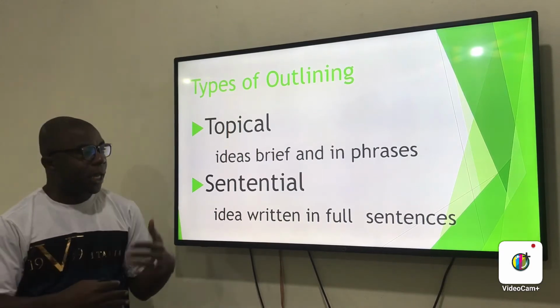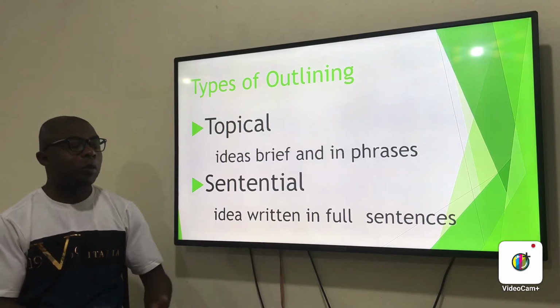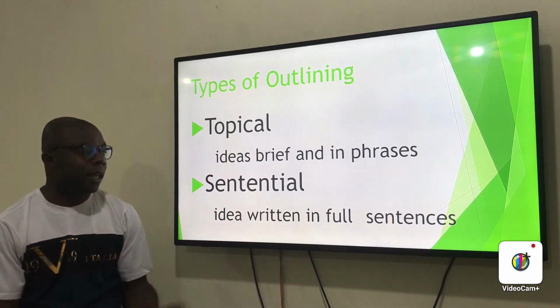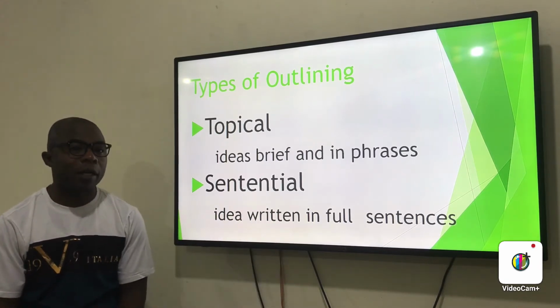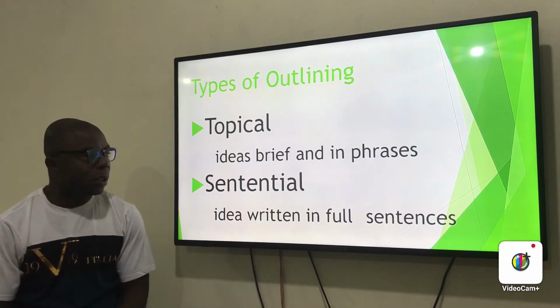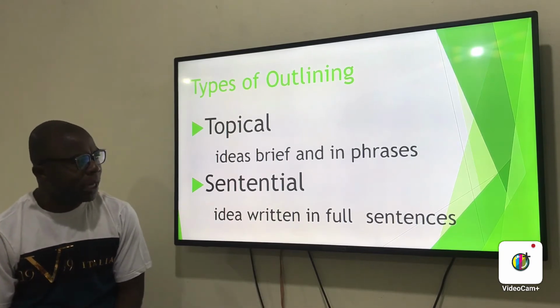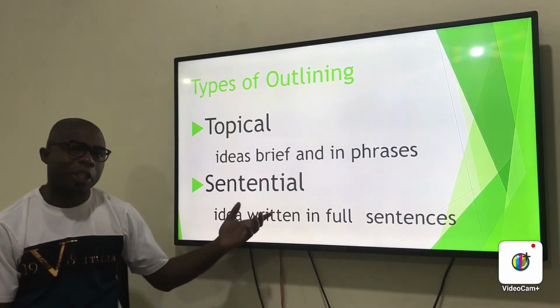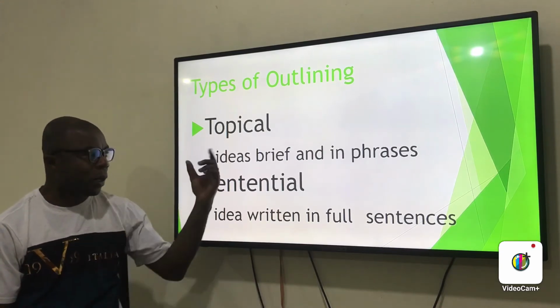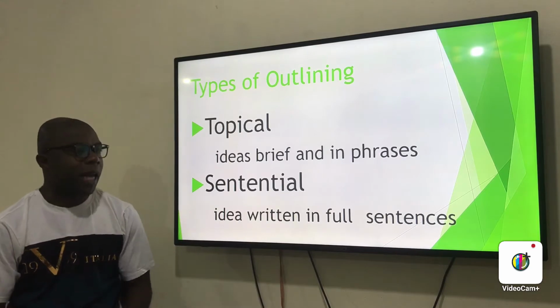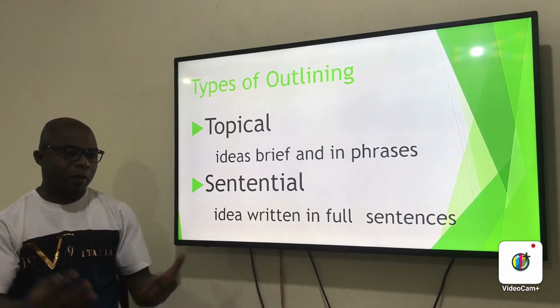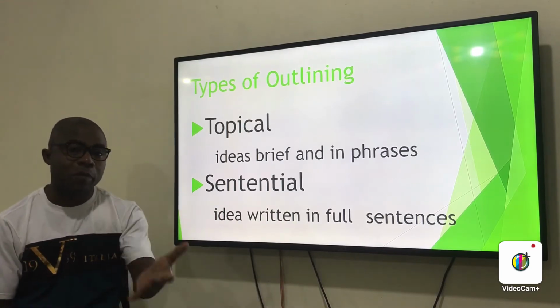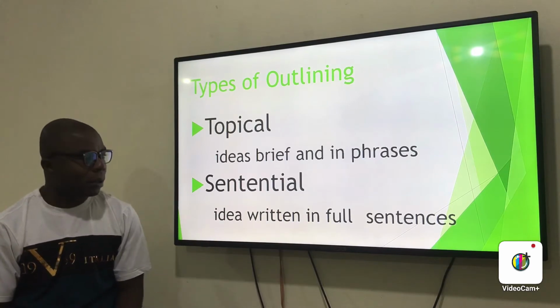So a topical outline could be written out in full-blown sentences, and then it becomes a sentential one. The choice is yours. But it just so happened that most people prefer the topical outline to the sentential one. I prefer the topical to the sentential because the outline, of course, is the skeleton of the entire piece of writing or your speech. DNA or a blueprint.